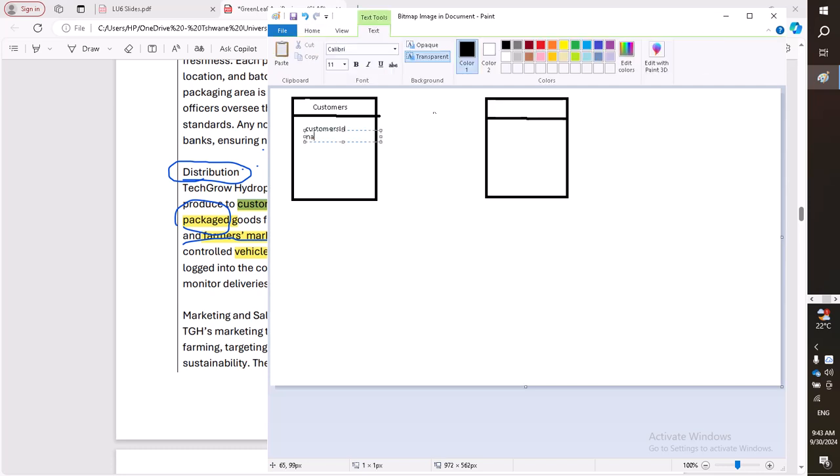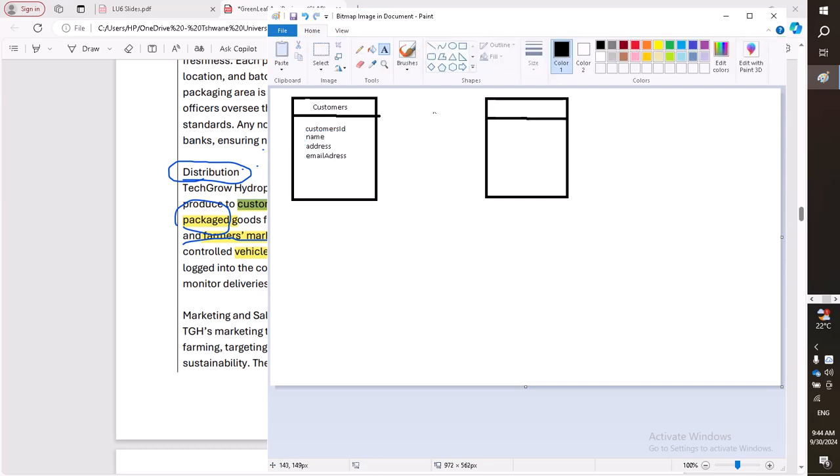Think about the name of the customer, their address where the package was delivered from, and also their email address. So this is the other thing that you need to do. What else?